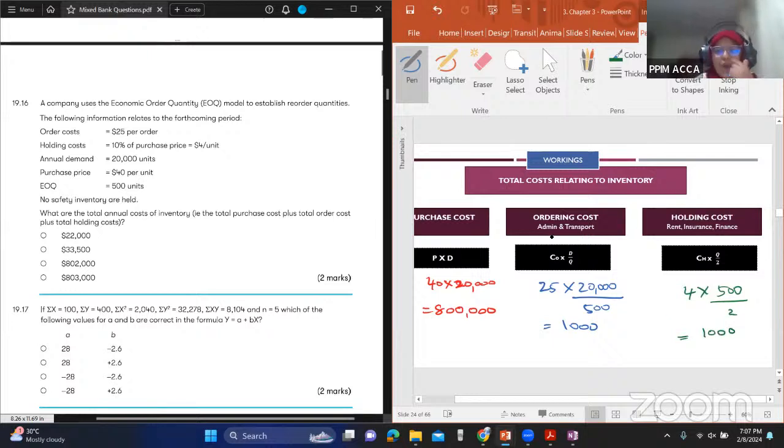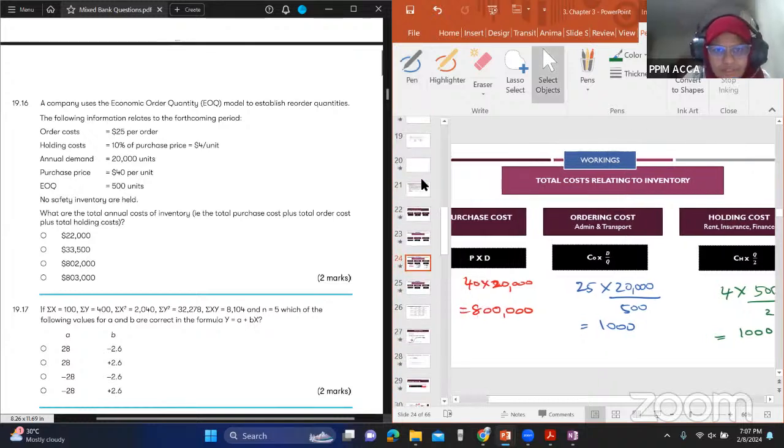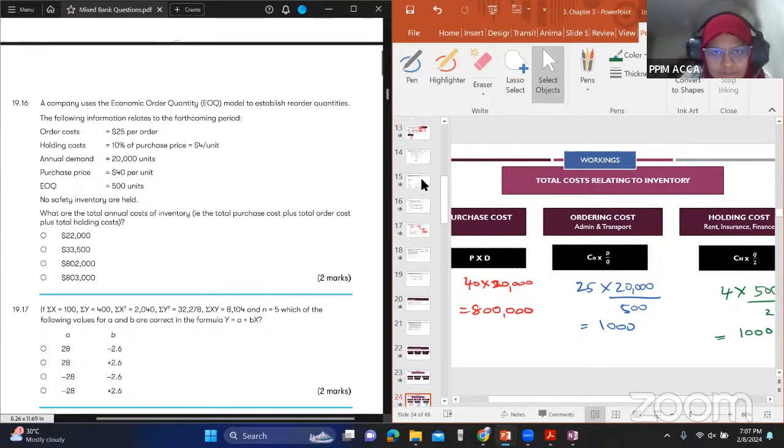Now guys, this ordering cost and holding cost being equal to each other is not a coincidence. At the EOQ, ordering cost will always be equal to holding cost. Think about that graph that I showed you.